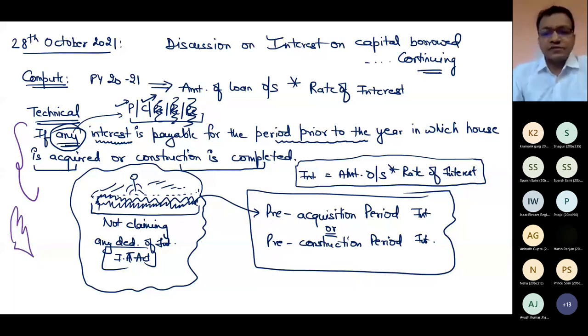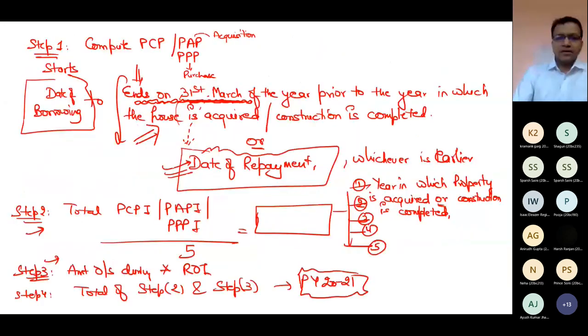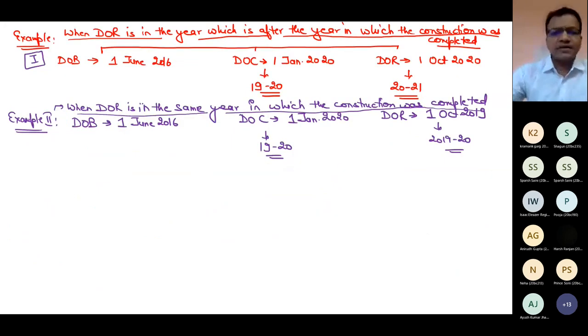If any interest is payable for the period prior to the year in which the house is acquired or construction is completed, then you must be having pre-construction period interest. It is there. Now can you tell me in this case whether I will be having pre-construction period or not?